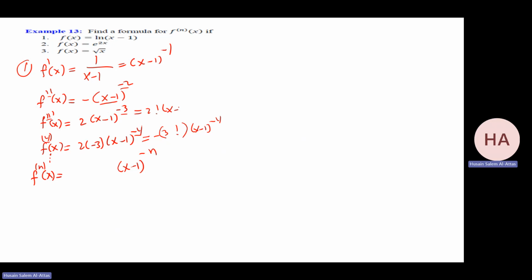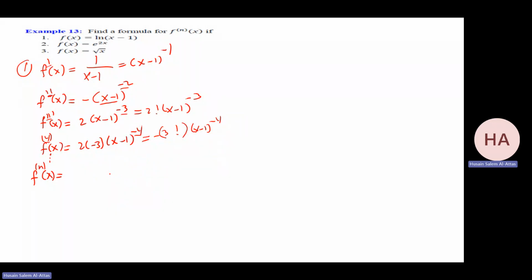Then it comes to the sign. The sign is different here. With the odd, with 1 and 3, it's positive. With the even, it's negative.